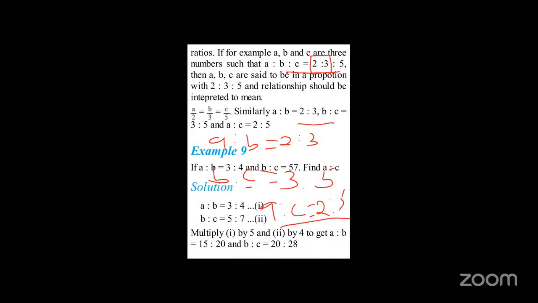So therefore, it becomes 2 ratio 5. So in that case, you can say that is the proportion. Now we are able to compare various ratios.